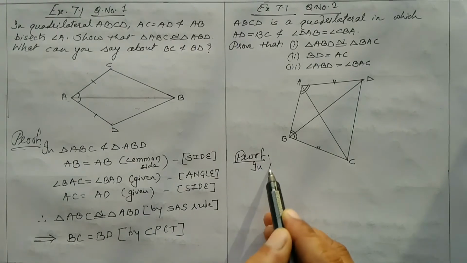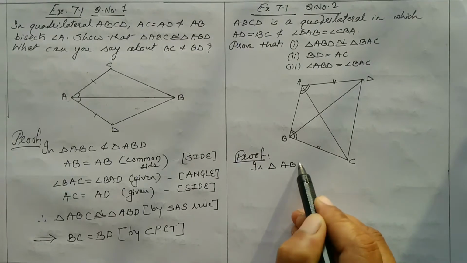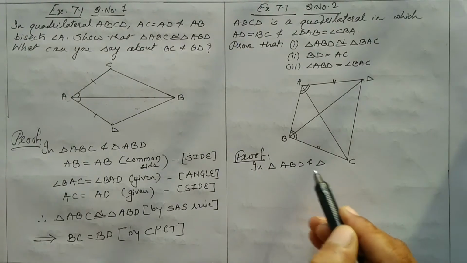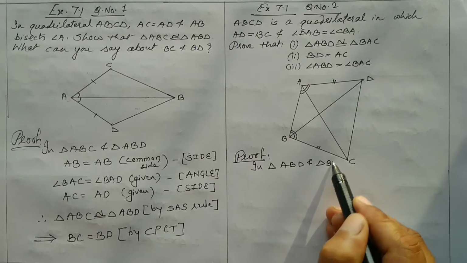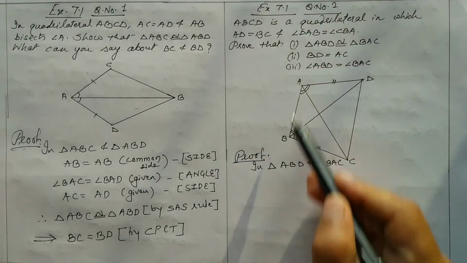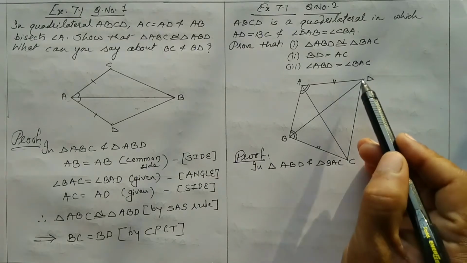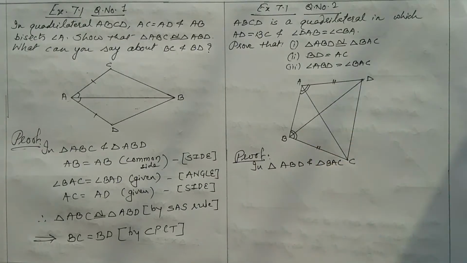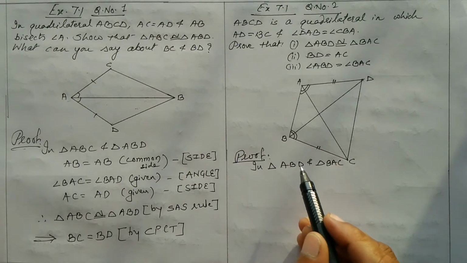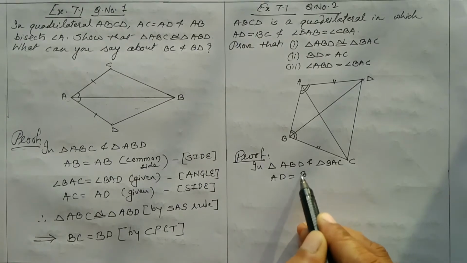So in triangle ABD and triangle BAC, you prove these two triangles are congruent. So how will you prove? You can see in ABD, AD is equal to BC, or you can say DA is equal to CB. You maintain symmetry, nothing else. So you can write AD is equal to BC.